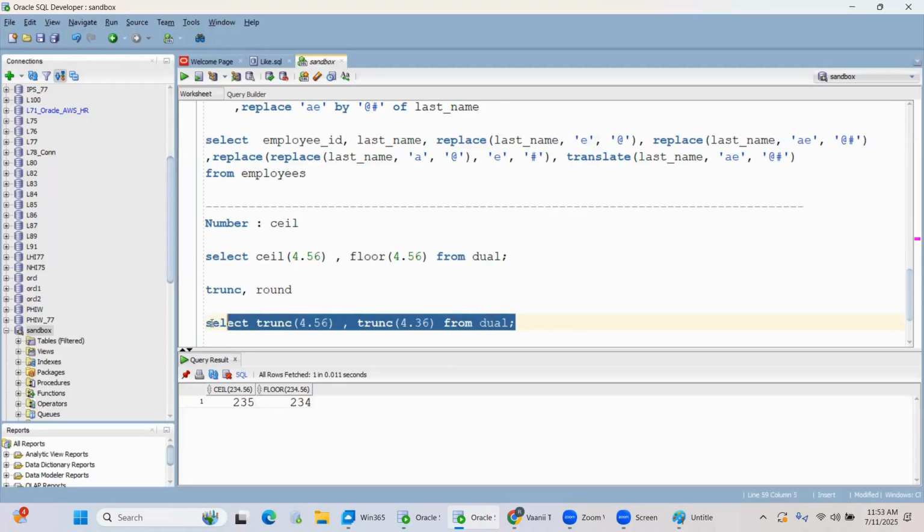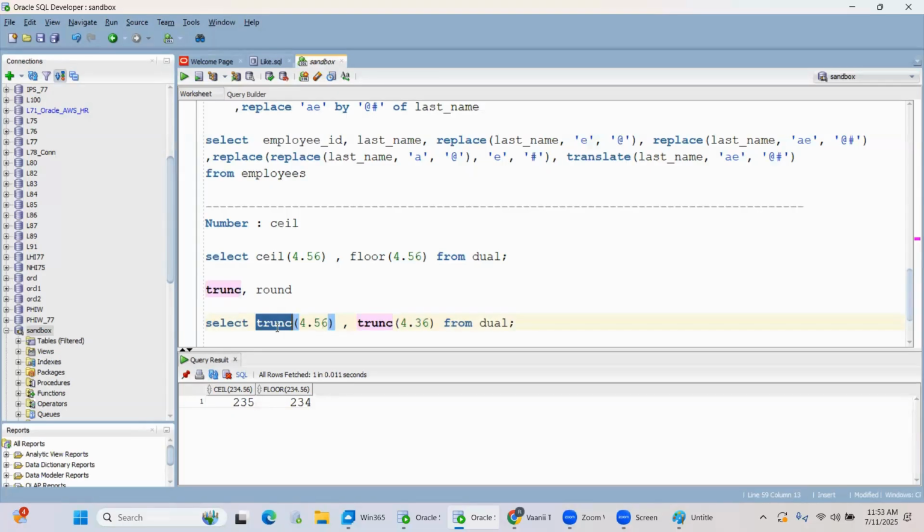Any one of you can tell me what will be the value of these two? Someone said 4.6 and 4.4, and that the row will be deleted. Aman, this is just a single row function.